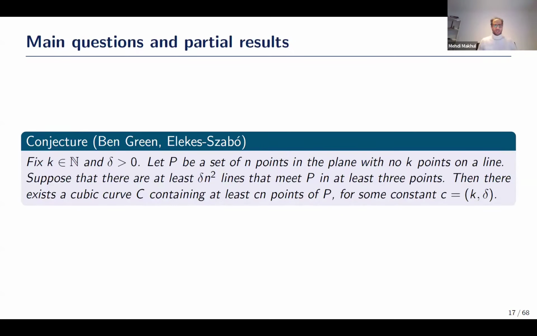It's also a conjecture by Ben Green and Elekes-Szabó in 2012 or 13 that if we have a set of points in the plane with no k points on a line, and assume that this set spans as many as delta n squared lines meeting P in at least 3 points, or exactly 3 points, it doesn't change the result at all, then there exists a cubic curve that must contain c times n points of P, where this c depends only on delta and k, which we fixed in the beginning.